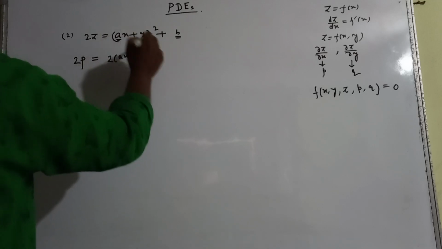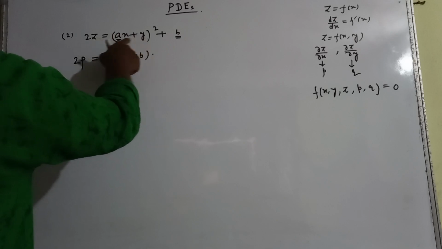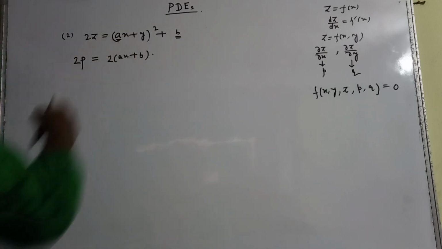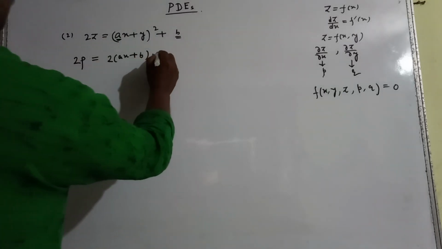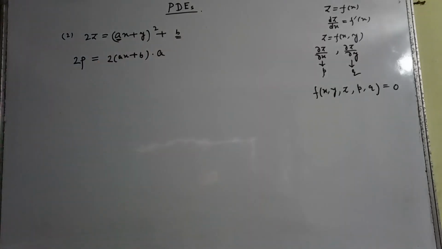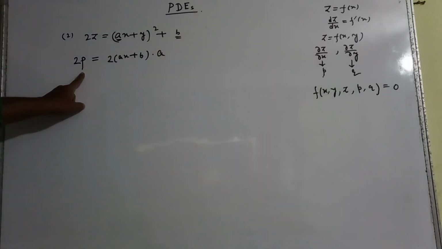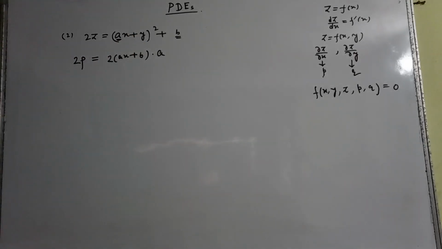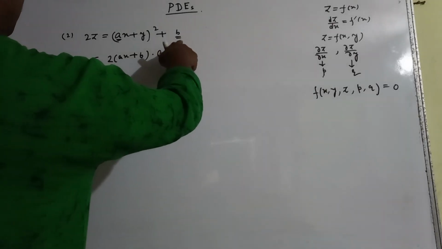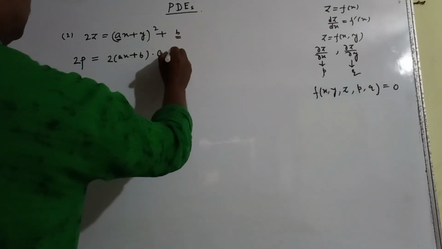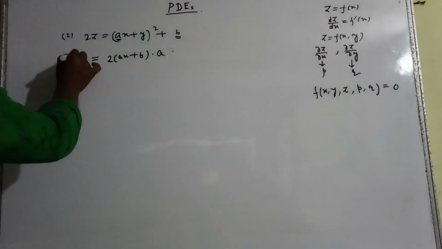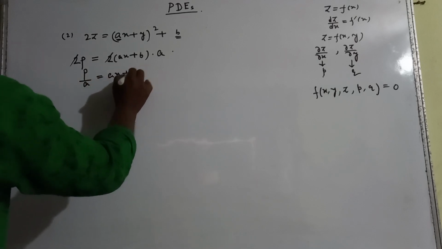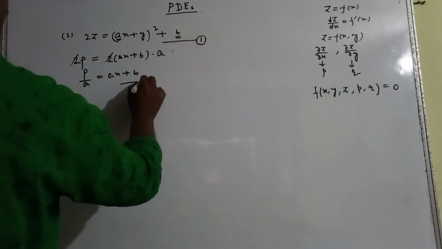The derivative of ax is a, and the derivative of y is 0, because we differentiate partially with respect to x, so we keep y constant. The derivative of b is 0 because it's constant. Then 2 cancels, and p by a equals ax plus y. This is number 1, and this is number 2.